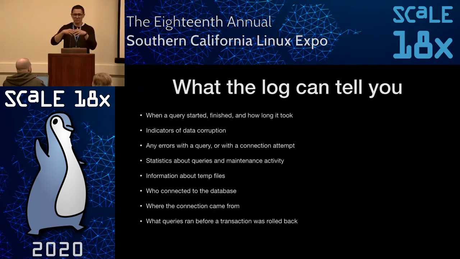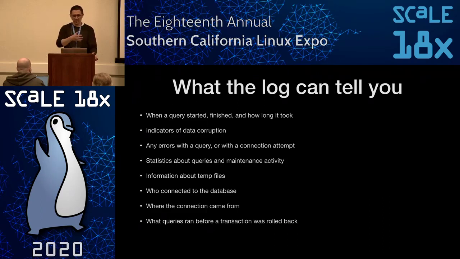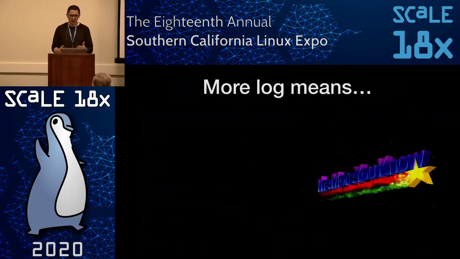Sometimes what you can gather from a log is what's the last query that ran, and that's the one that caused the problems, but you don't know what led up to it. If you tune Postgres properly, you can actually get that information. And there's so much more that you can get out of logging. So my principle is log as much as you can for as long as you can. And why?